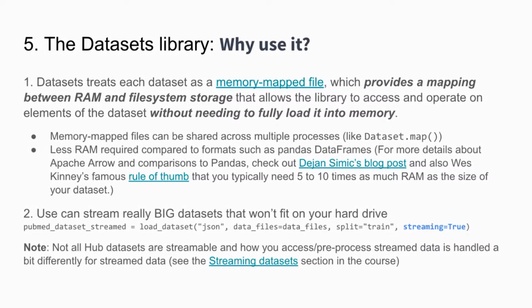Check out the documentation and the course. There are examples of not just streaming a single data set, but combining multiple streams. If you're working with really significantly sized data sets, it's definitely something to look at. How you access the data and how you pre-process it is a little bit different, so check out the streaming data set section in the course if you're interested.